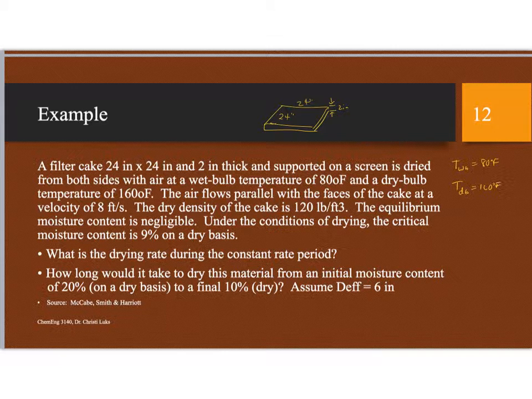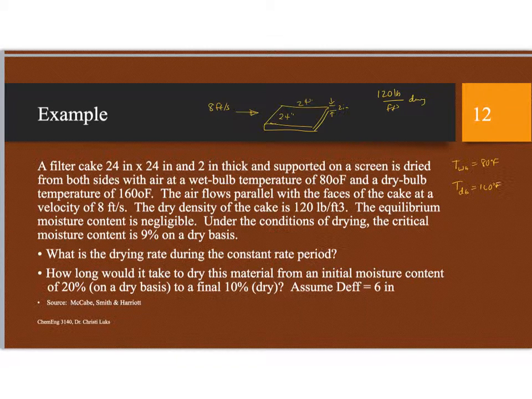The airflow is going to be parallel to the faces of the cake, at a velocity of 8 feet per second. The dry density of the cake is given as 120 pounds per cubic foot when dry. And we can ignore the equilibrium moisture content.